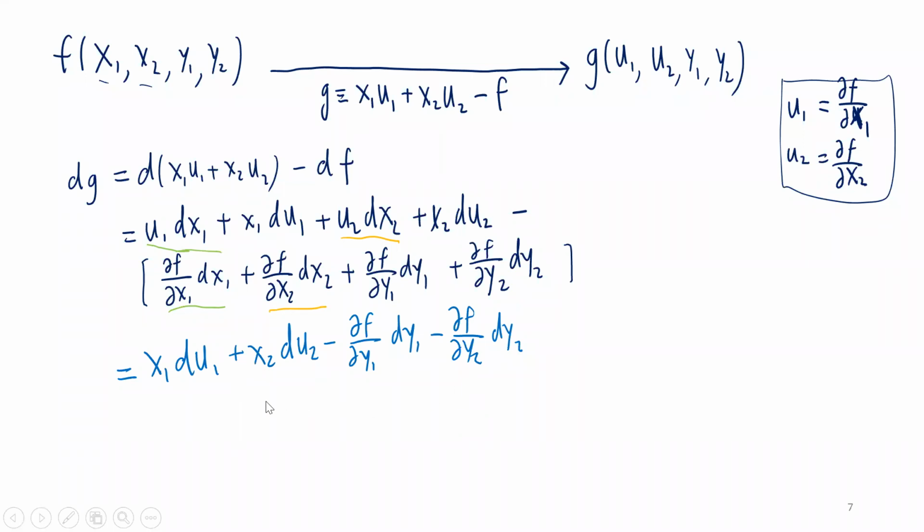You can see that this dg has four terms, for the four variables u1, u2, y1, and y2. And so now g is a function of u1, u2, y1, and y2.